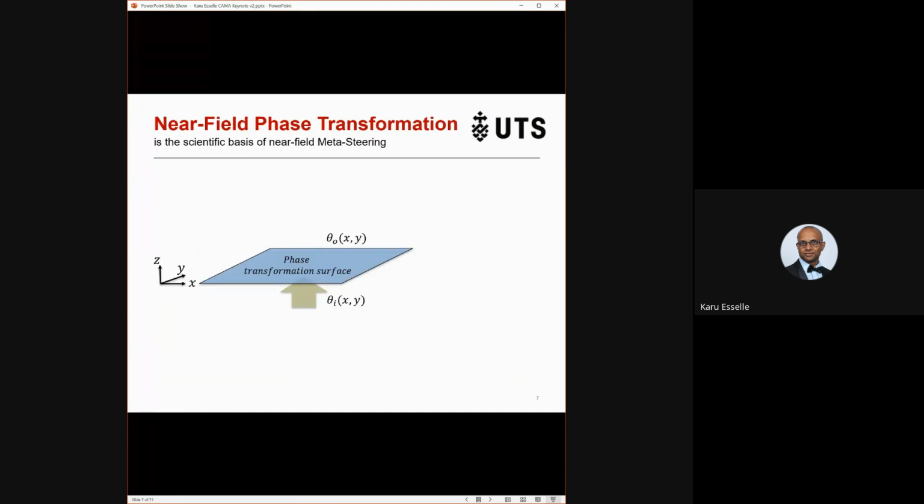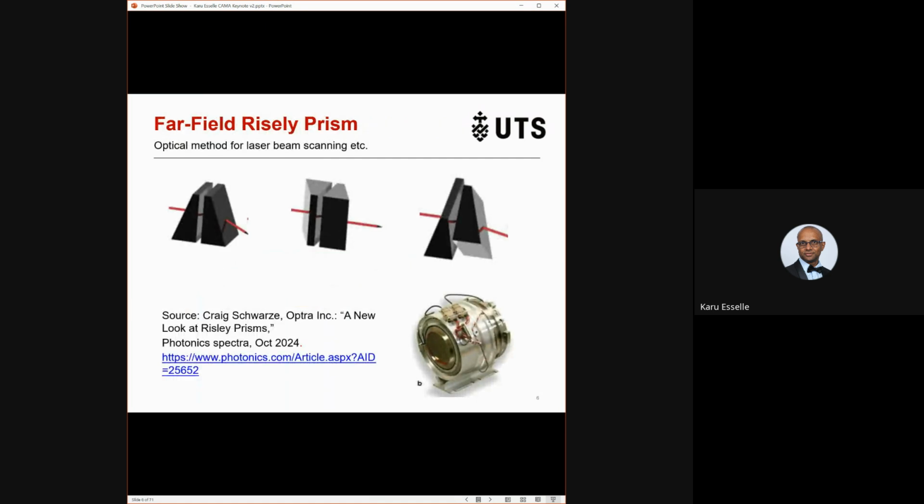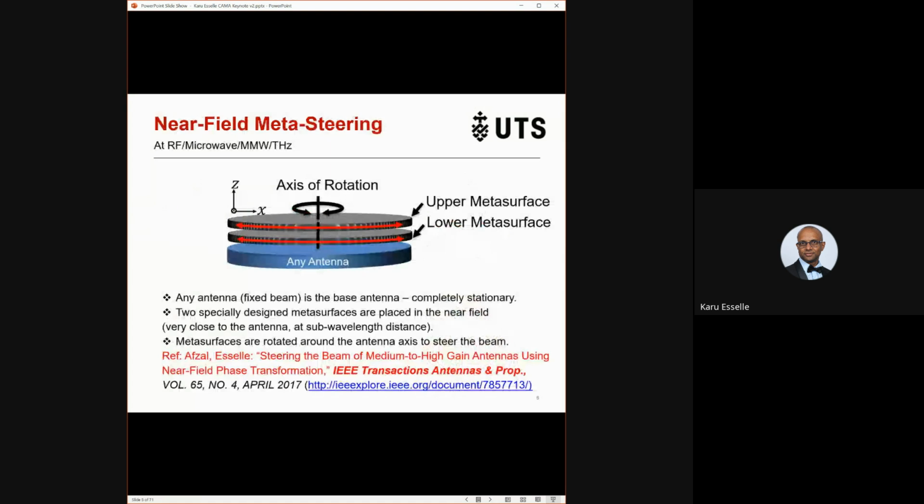So these prisms, what do they do? In optics, they have a differential path length. The differential path length means the differential phase shift, right? So these prisms have to give variable phase shift along the length to behave like a prism.